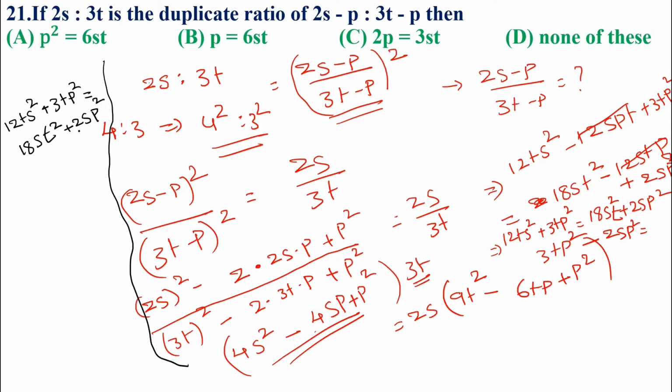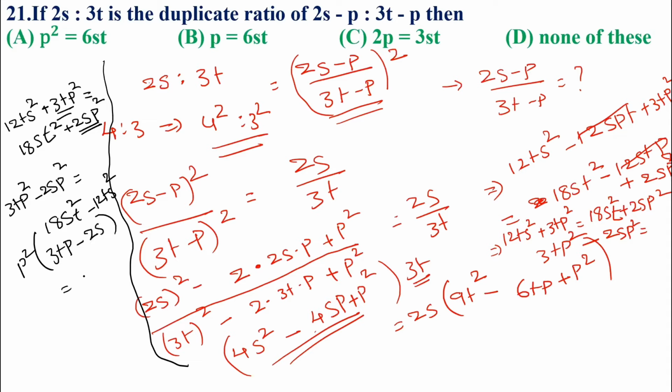So I am taking this 2SP square to this side. So 3TP square minus 2SP square is equal to 18ST square minus 12TS square. Here, if I take P square common, this will become 3T minus 2S.